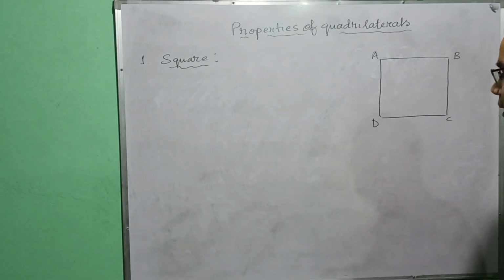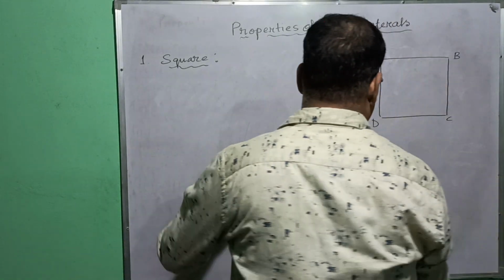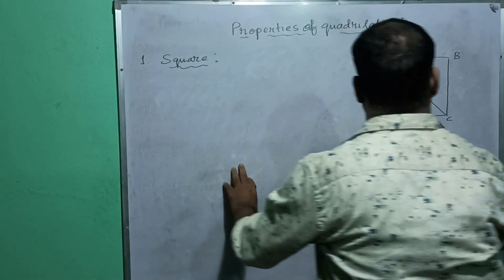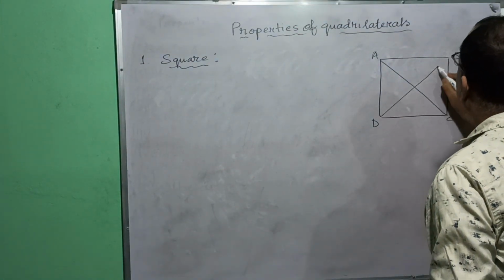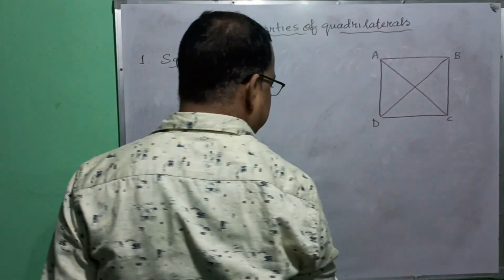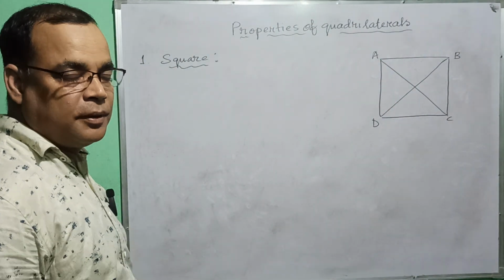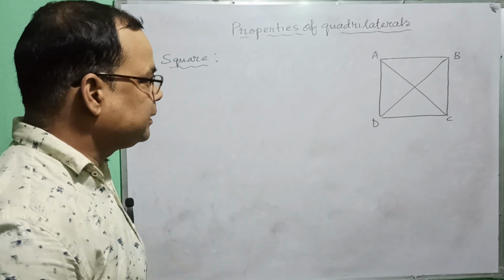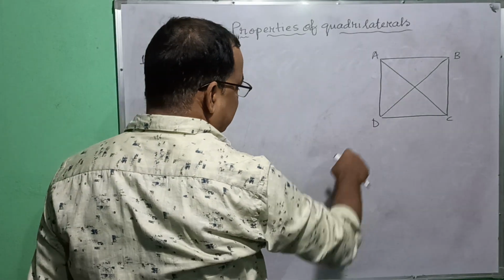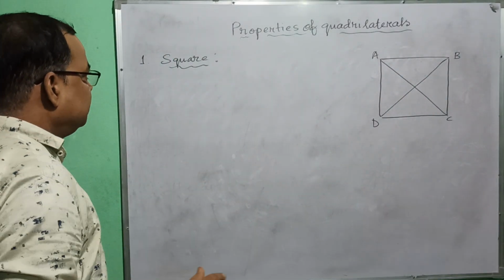Let ABCD be the square, and we'll draw the diagonals AC and BD. As we know, in a quadrilateral two diagonals are there, so in a square also the diagonals are AC and BD.